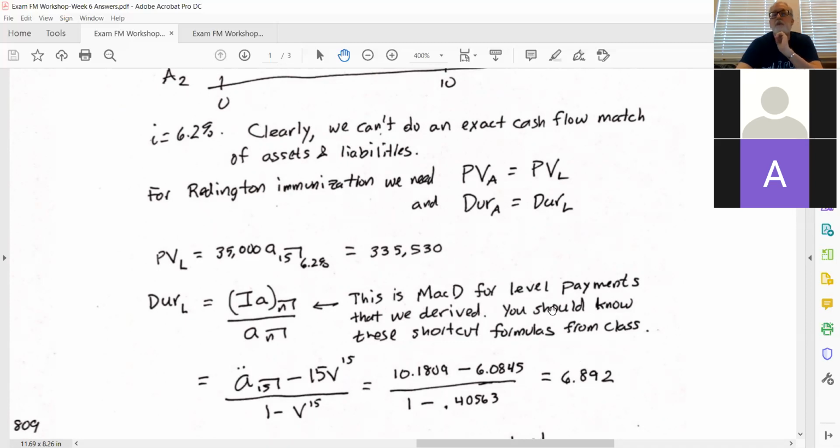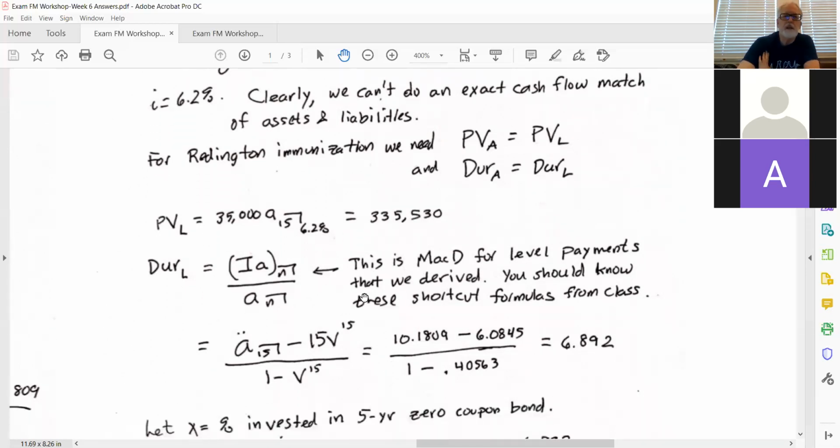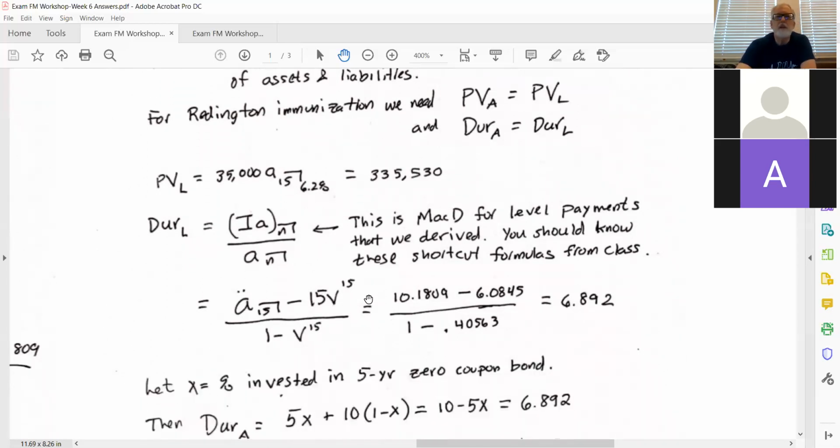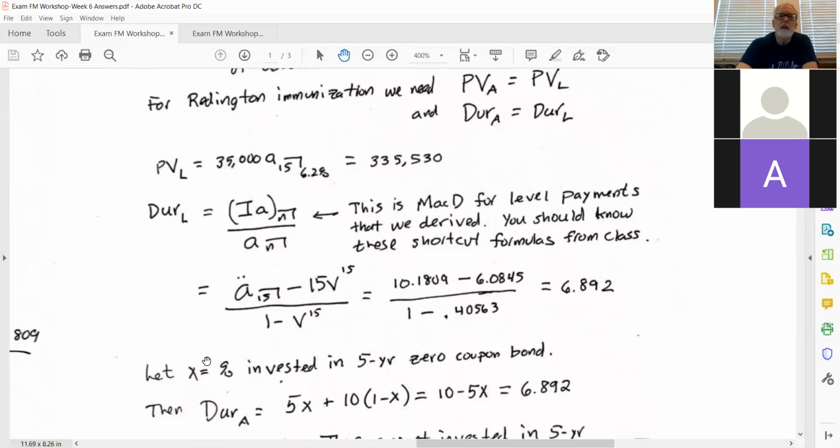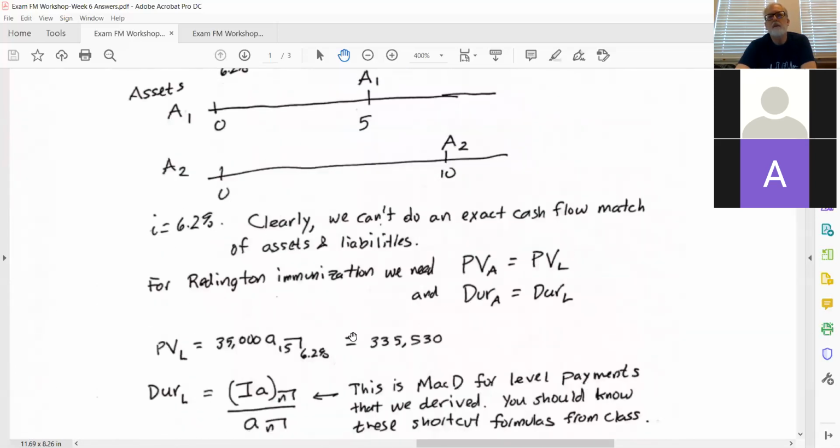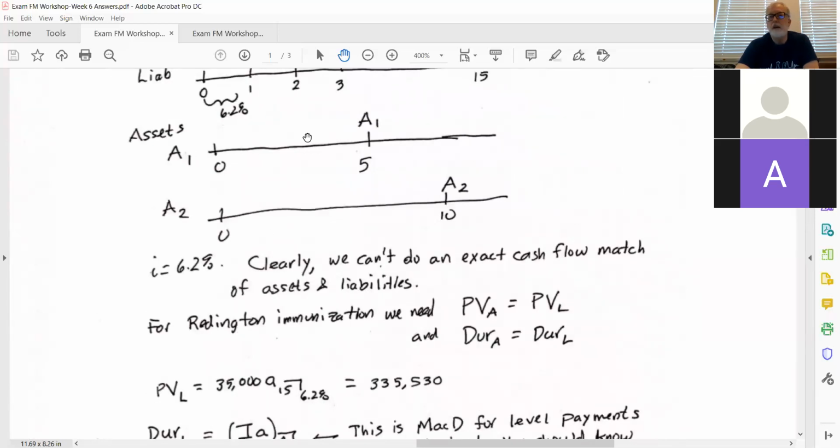Therefore, we have two things we have to match for the assets. And remember the standard trick I went over last week is you let x equal the percent invested in one of them. And just out of habit, I let x be the percentage of the one with the shorter duration. So this one is 5-year, but it doesn't matter.